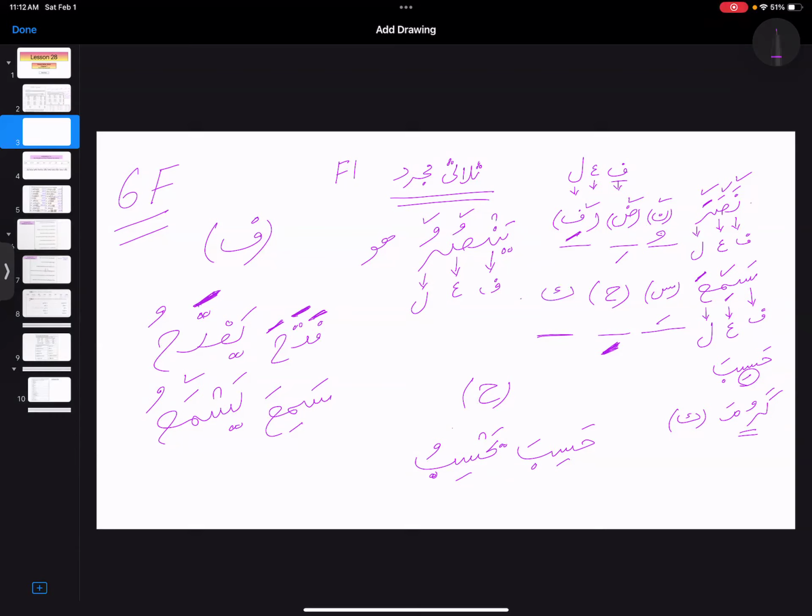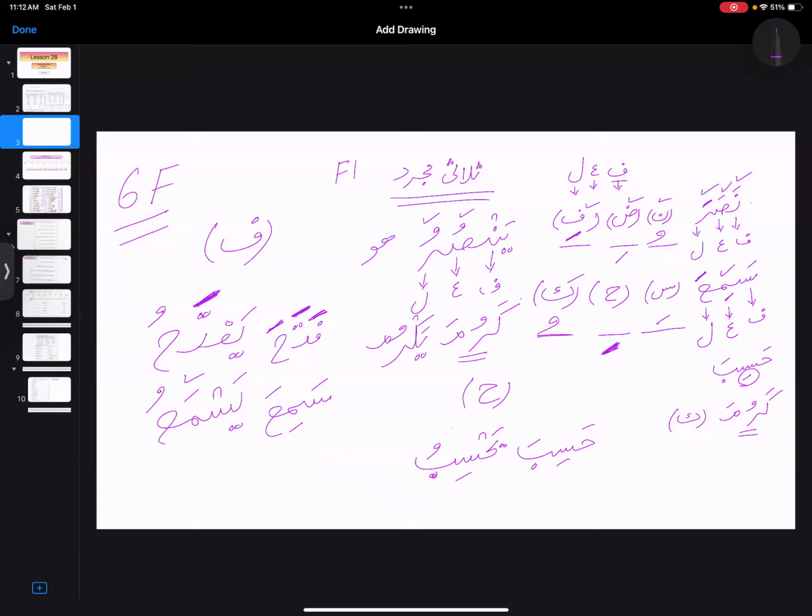So that is Bab Karuma, and it is going to take a Dhamma. Even though Madi is also a Dhamma in it, Karuma becomes Yakrumu.